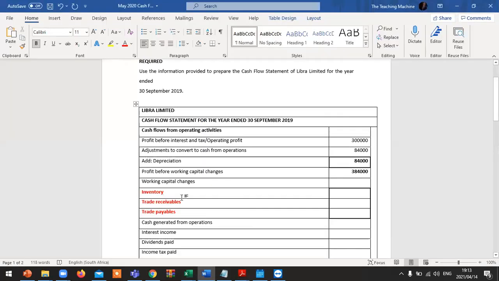Here you go. 516,000 minus 420,000 rands. What is the difference? Anyone? 96,000. 96,000 as positive. It's an inflow of cash.